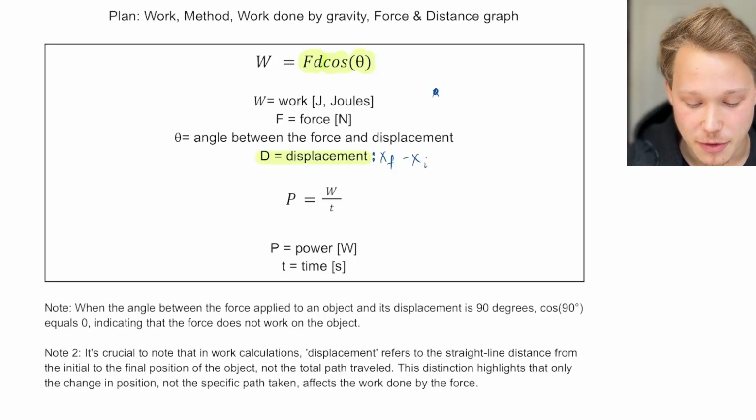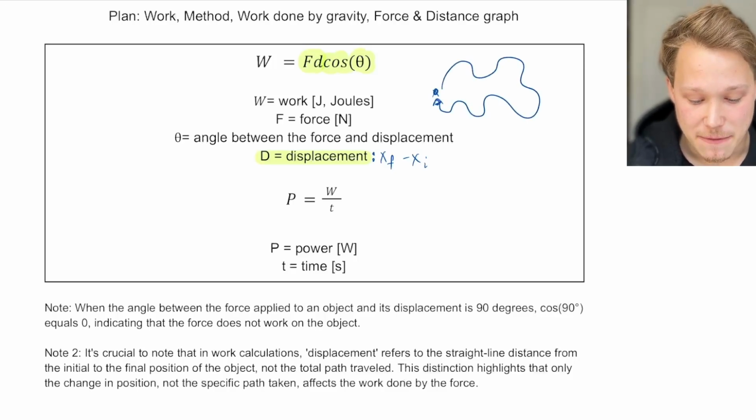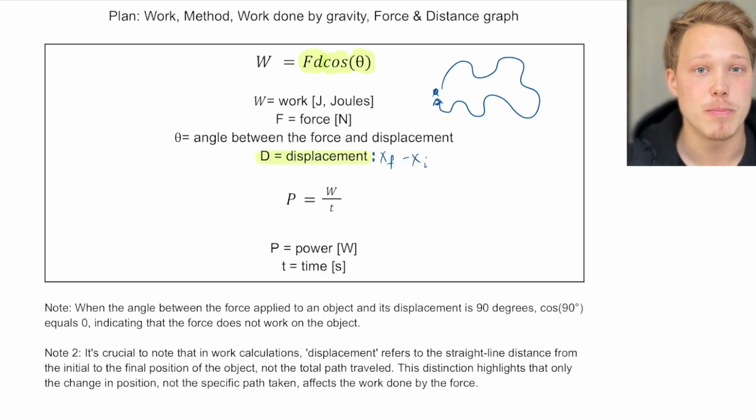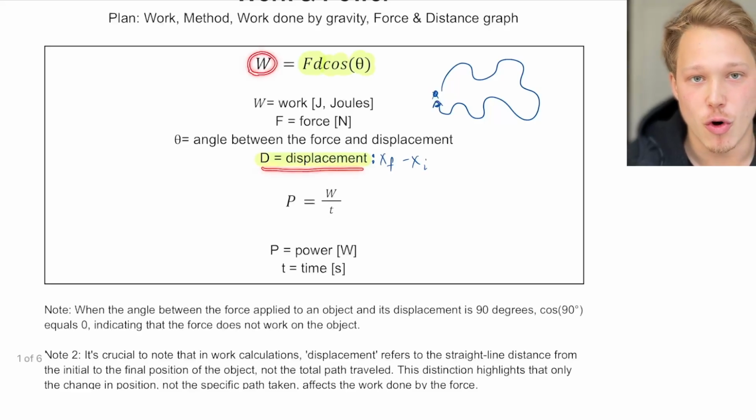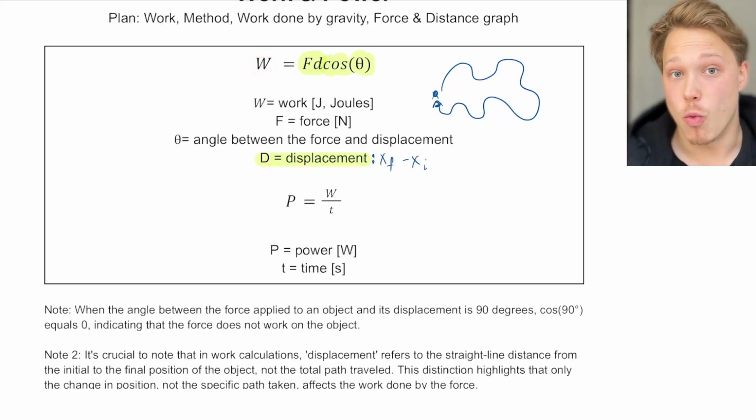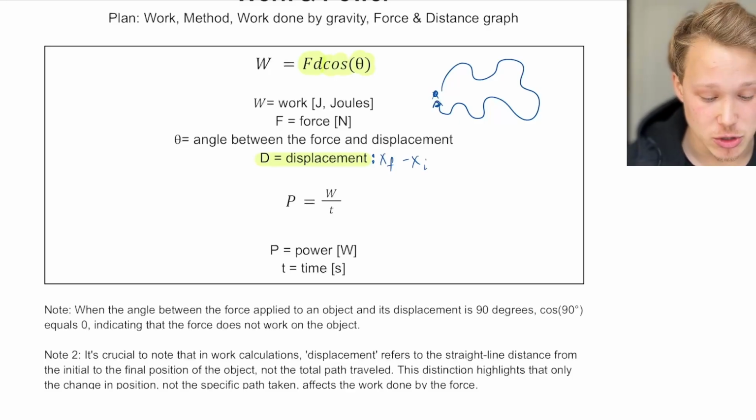So for example, if I take an object and I move it all this way and I come back to the same point, my final position and my initial position are the same. So here, the displacement would be 0. So just like displacement, work therefore is a vector as well. Work can be positive or it can be negative. Work can have a direction as well.